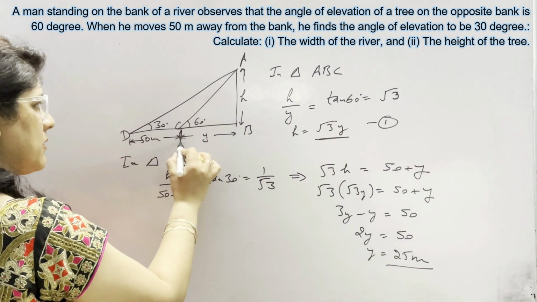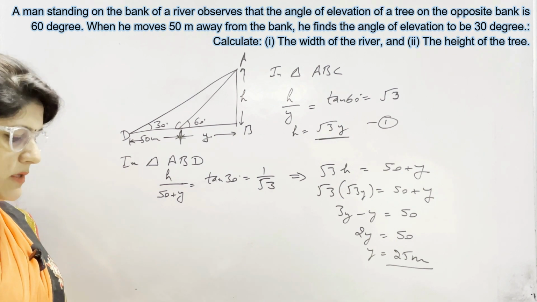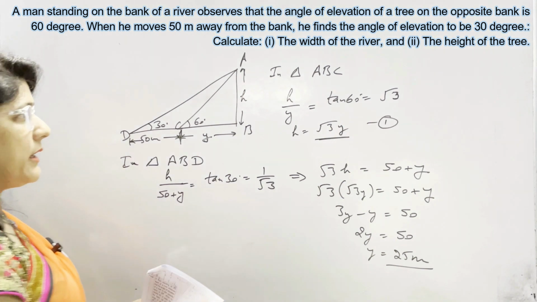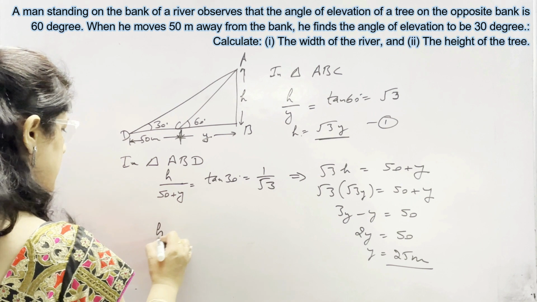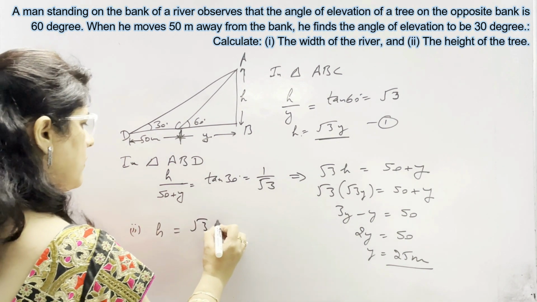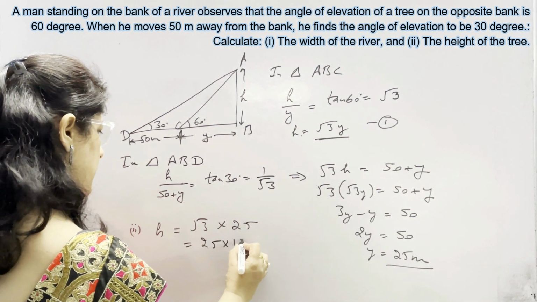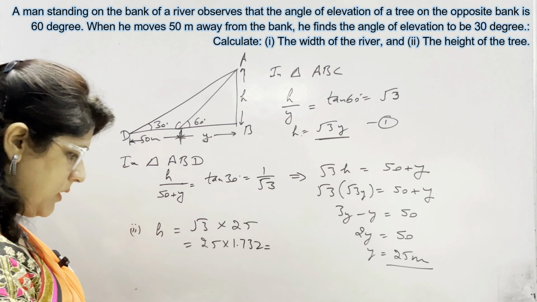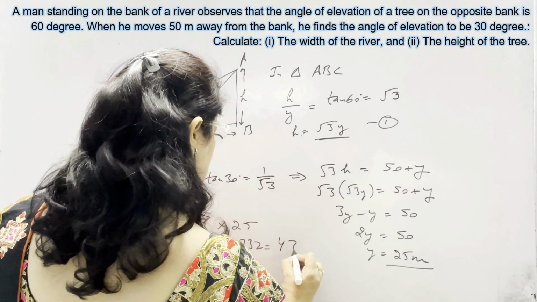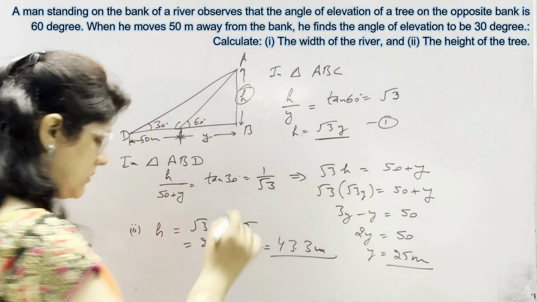So the width of this river is 25 meter. First part done. Second, the height of the tree: h is equal to under root 3 y. So 25 multiplied by 1.732, and its value is 43.3 meter, which is the height of the tree.